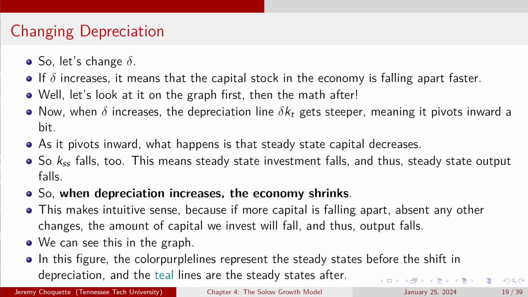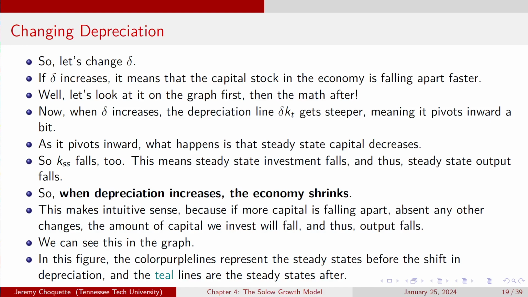It takes more time and resources to fix that, which you can't put towards other things. So you spend more time and resources fixing stuff that didn't need to be fixed because it shouldn't have broken. Thus, there is less time and resources available for investment in new things. So output is going to fall.